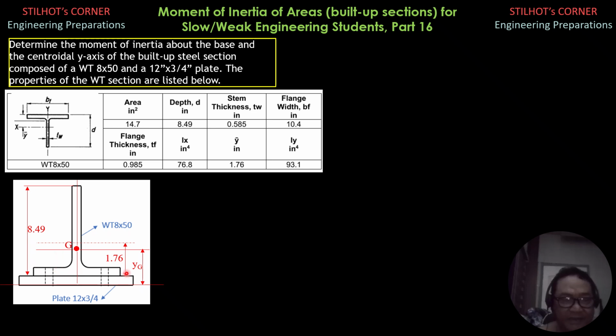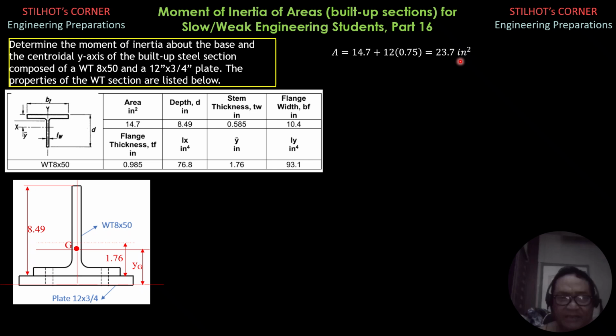The reason why this is 1.76 is because the orientation is inverted for the WT section. So area is equal to the area of the WT section, 14.7, plus the area of the plate, 12 times 0.75, which is 9, so 23.7 square inches.